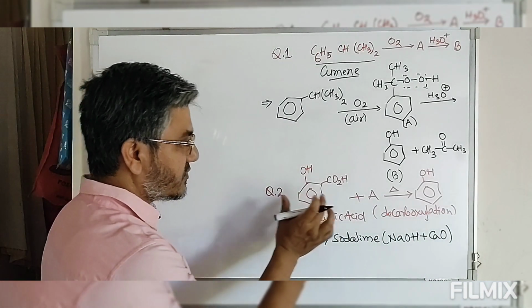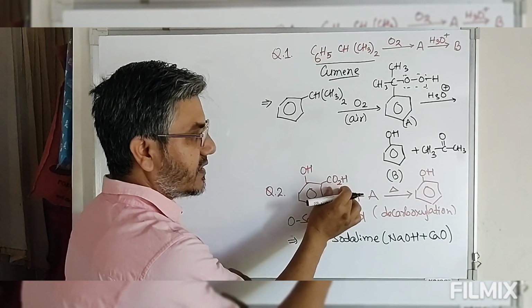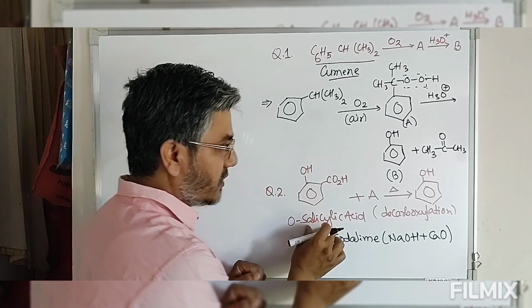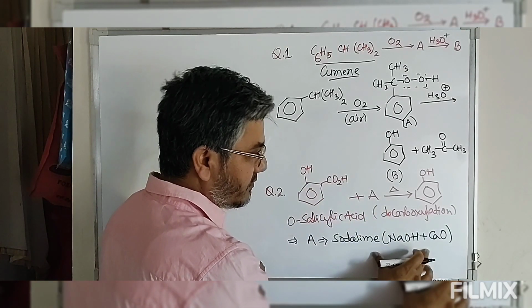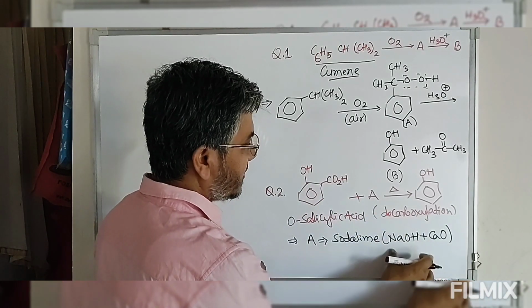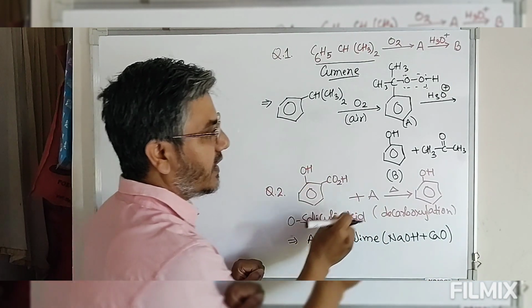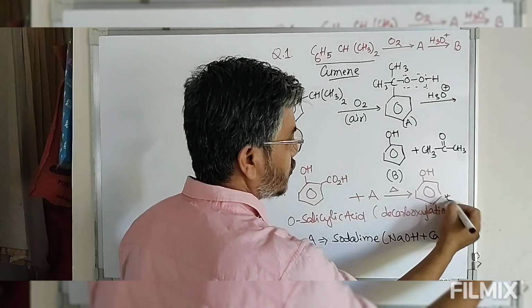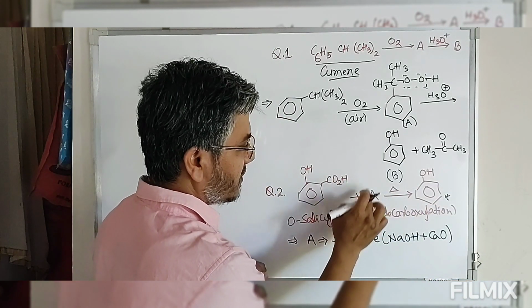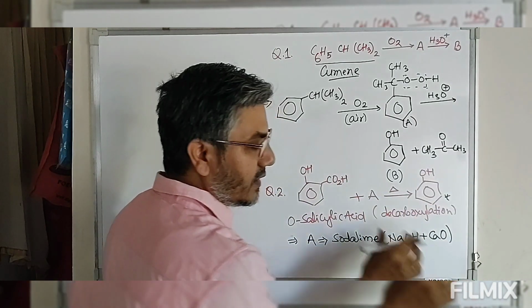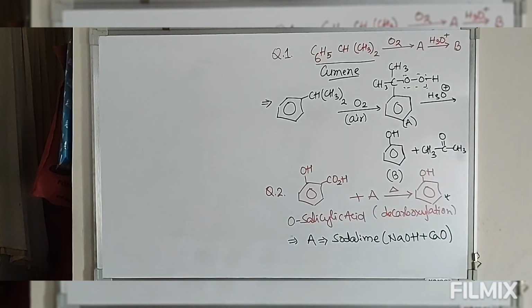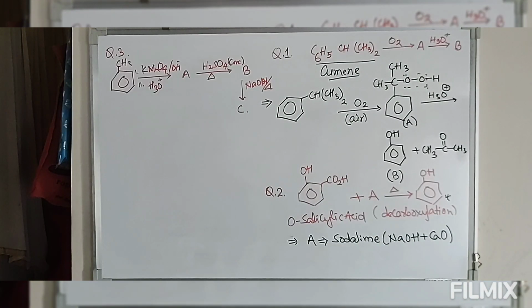So we started with this phenolic compound containing COOH at ortho position, heating with this soda lime. This soda lime is an effective decarboxylating agent which removes carbon dioxide and is converted into phenol. So the reagent that we have to use here is soda lime.